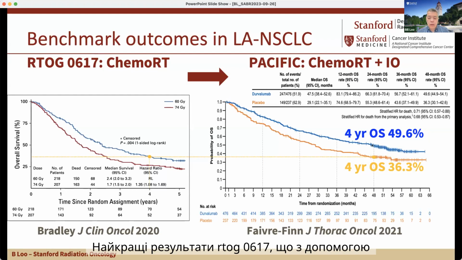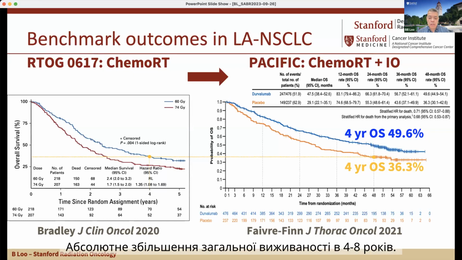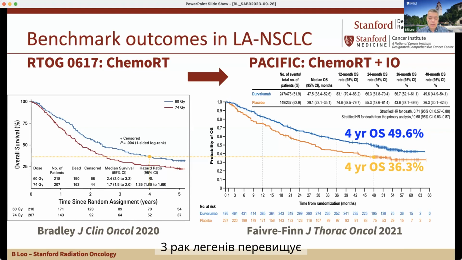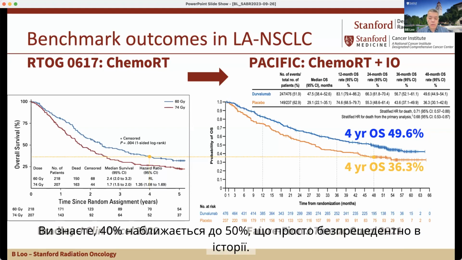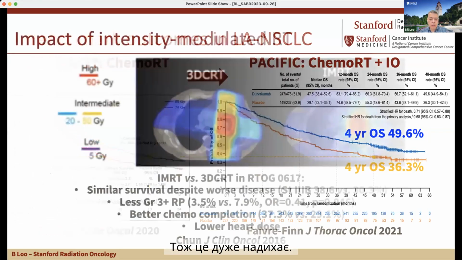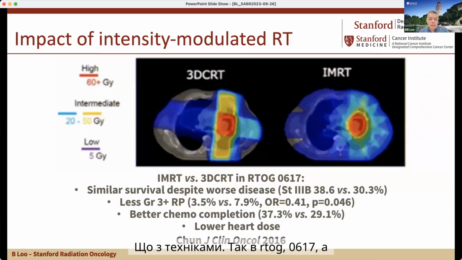But with the addition of adjuvant durvalumab, there was a 13% absolute increase in overall survival at 4 years. So now we're seeing 4 to 5 years survival results in stage 3 lung cancer exceeding 40%, getting close to 50%, which is just really unprecedented in history. So that's very encouraging. What about the techniques?